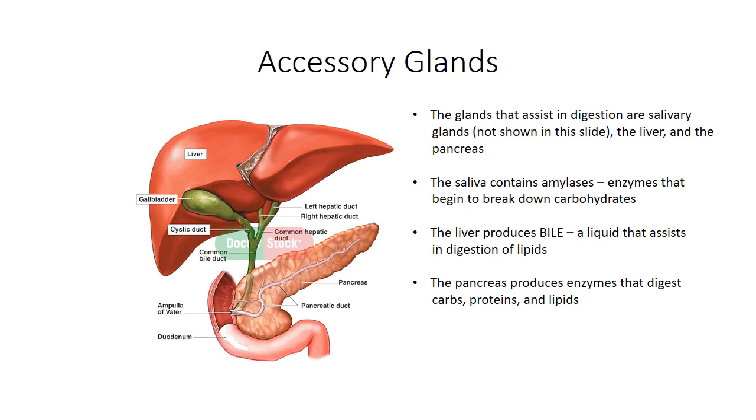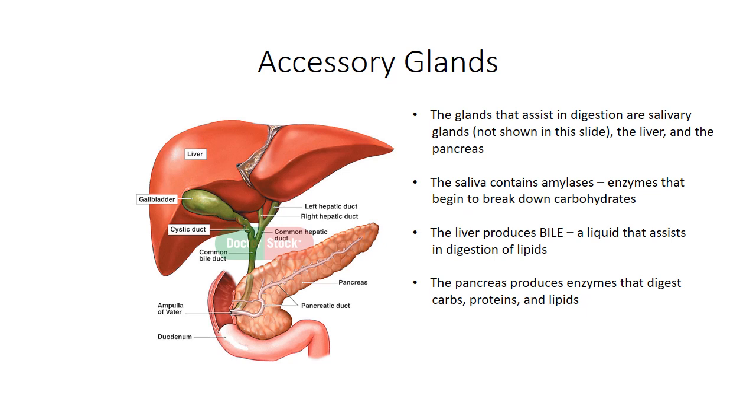But all these enzymes work in the small intestine but are produced by cells of the pancreas. Then they go into what is shown here, the pancreatic duct, and the pancreatic duct opens into the duodenum and delivers all these enzymes there.